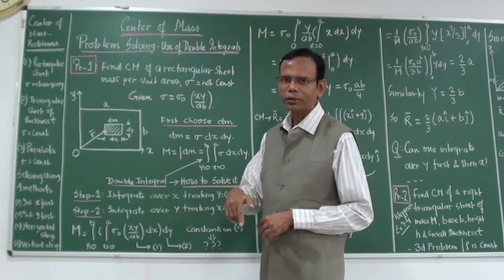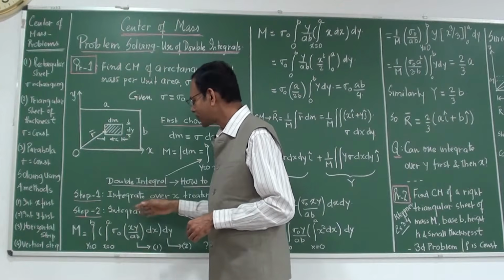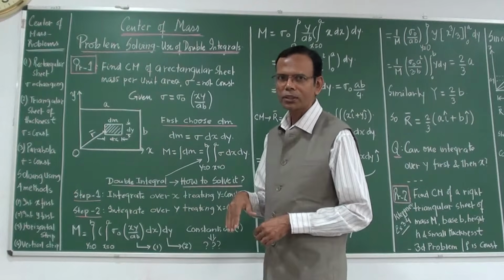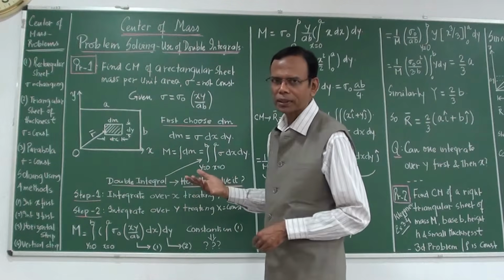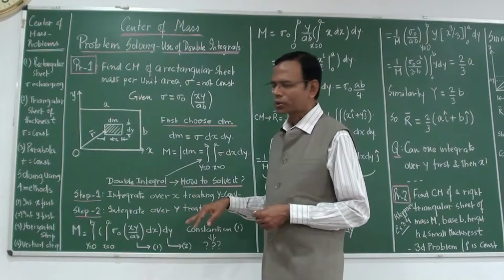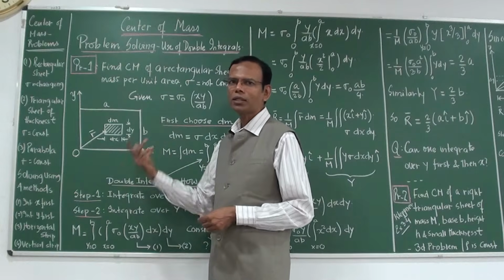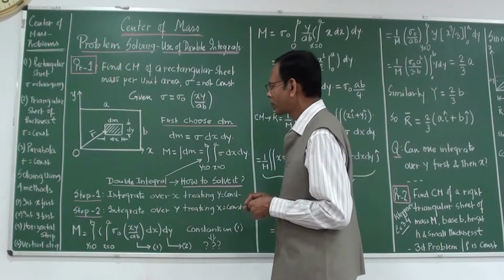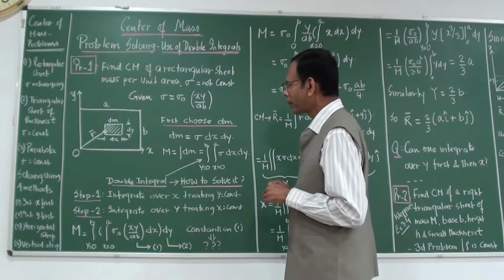Then we do the reverse. That is, we integrate over y, at that time x, if it is there, remains constant. But x, after putting the limits, only y will be there. Otherwise, you can do the reverse way also. That means you can integrate over y first and then over x. If you integrate over y, then x will remain constant.